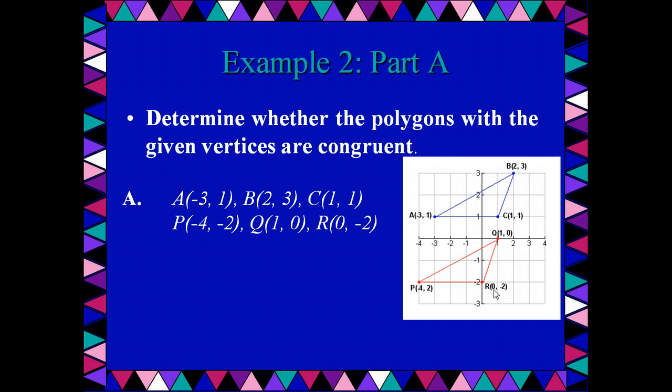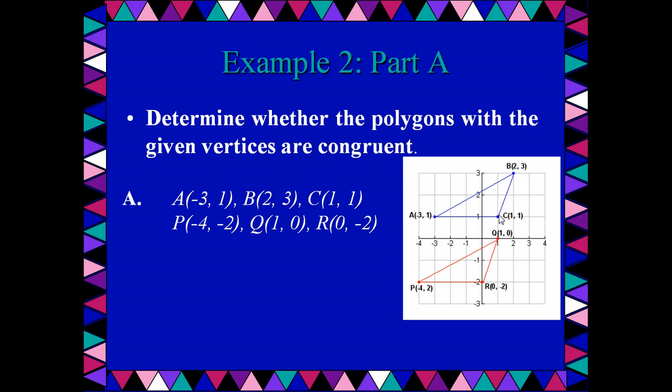If I start with A, I'm at -3, and I go over one more. If I subtract 1 from my x, I get -4. And then if I subtract 1, 2, 3 from y, I get -2. That should be. Let's try with B. If I subtract 1 from x and 1, 2, 3 from y, I get 1, 0.